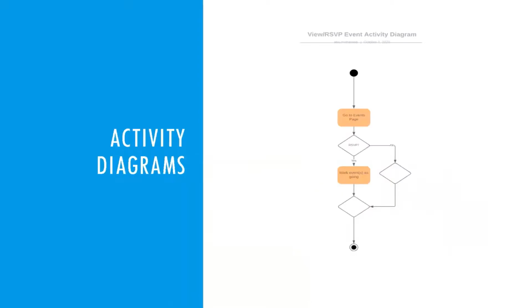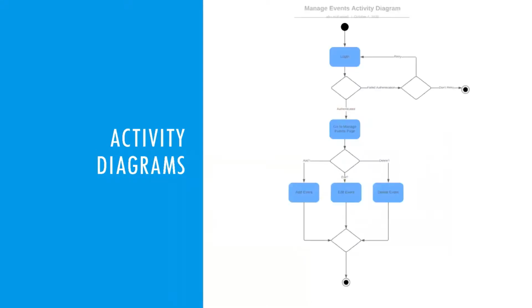And then here's an activity diagram from the user's perspective. They'll go to events and then mark events as going, which means RSVP. And then here's the perspective of an administrator. The administrator will log in, and then after logging in, they'll be able to manage events. They can add, edit, or delete events.